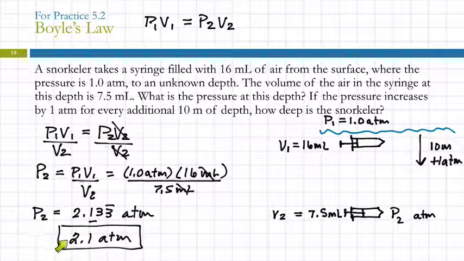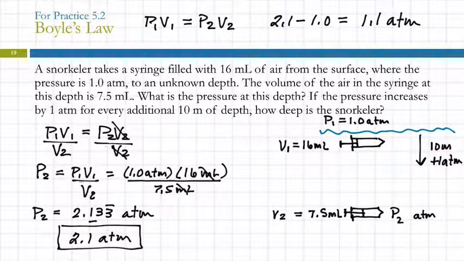So down here, it's 2.1 atmospheres. At the surface, it was 1 atmosphere. What is the increase in the pressure? Well, it'll be the pressure down there minus the pressure at the top. So the pressure has increased 1.1 atmospheres.